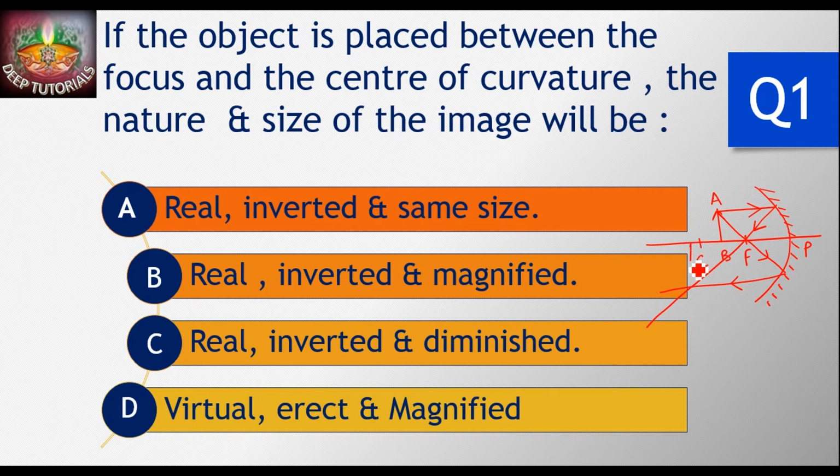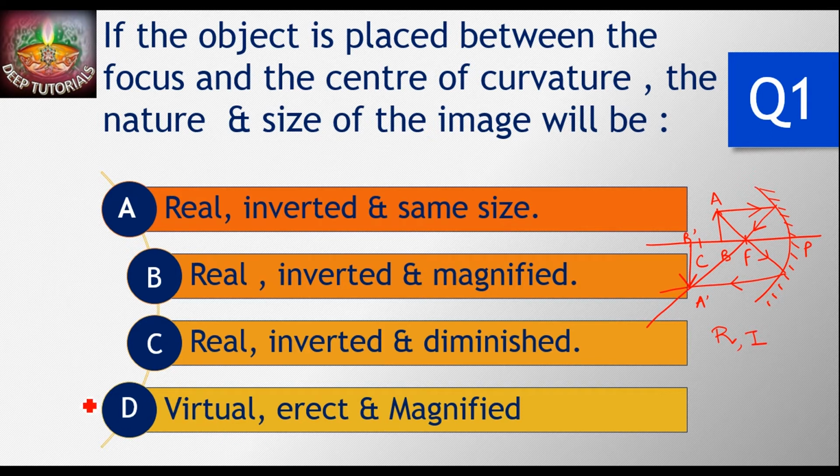So the diagram clearly shows that the image A dash B dash for the object is formed beyond C. And if we look at the direction of the image, it is below the principal axis. Hence, it is inverted, and as I've already said, an inverted image is a real image.